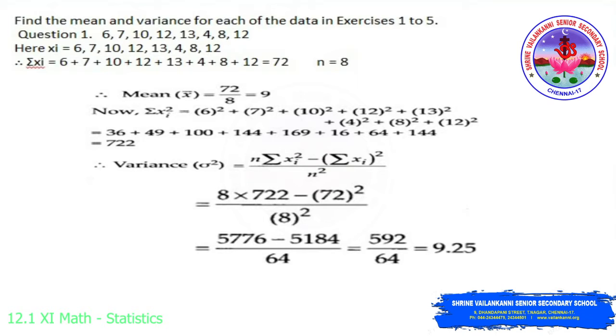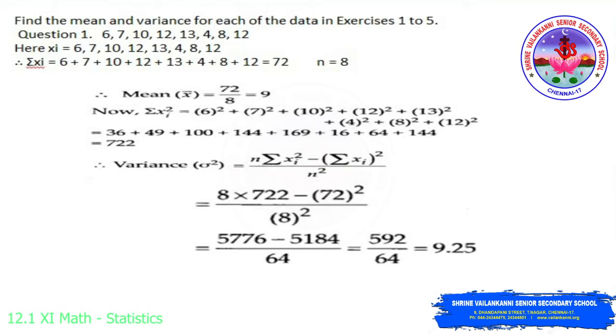Otherwise it is sigma xi square minus sigma xi whole square by n. So we can cancel one n from numerator and denominator. So it is 722 minus 72 whole square by 8, which gives 592 by 64, which is equal to 9.25.